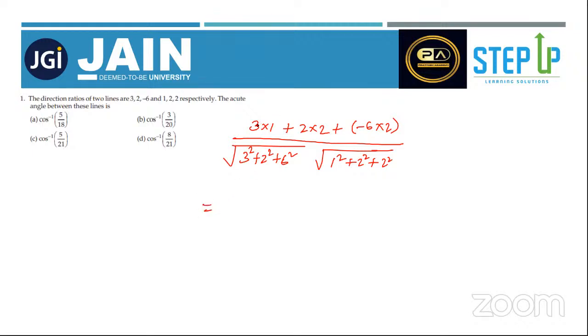So how much is that? 3 plus 4 is 7, and minus 12. So it is minus 5, minus 5 mod.